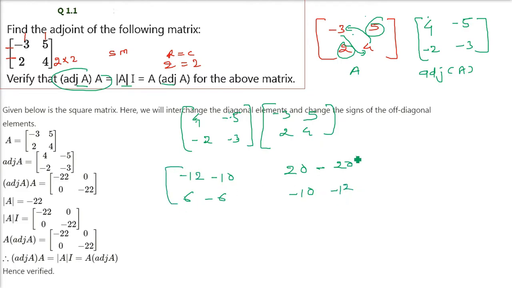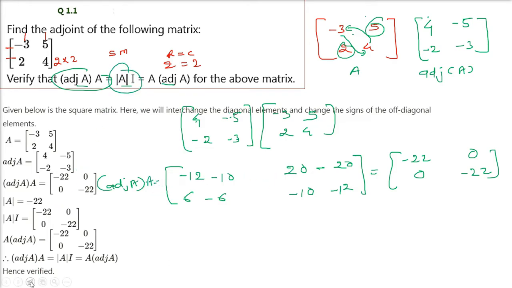So what is it going to be? This is -22, this is 0, this is 0, and this is -22. So adjoint A multiplied by A is this matrix.